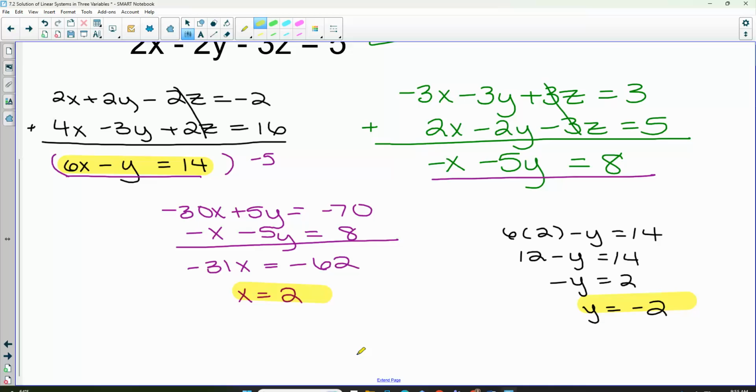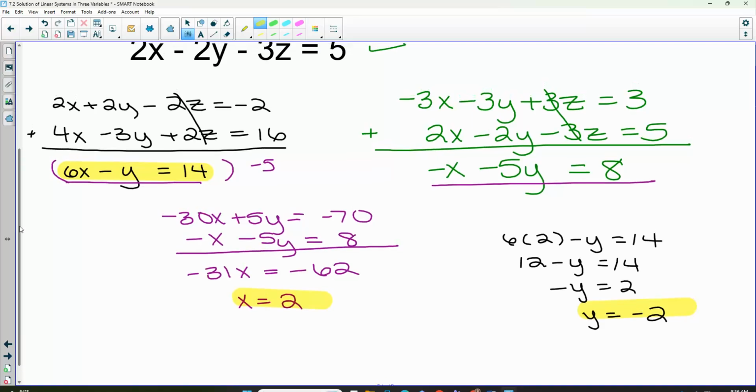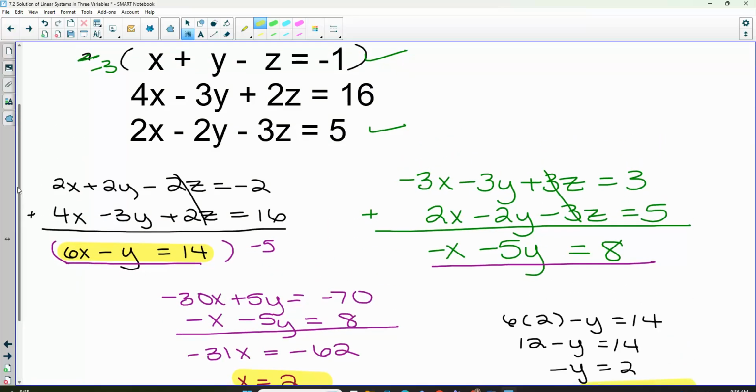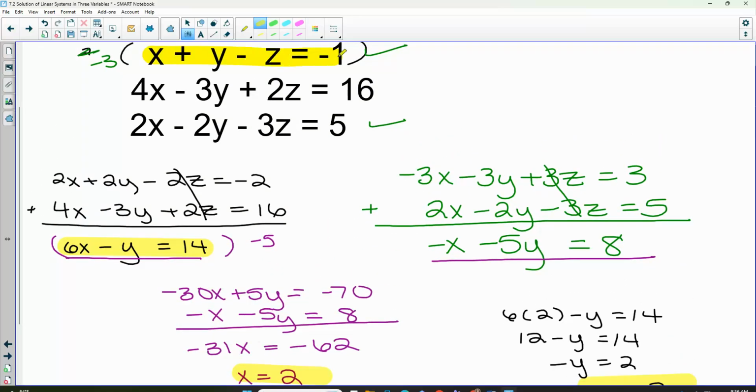If I want to get z, where do I have to plug that in? One of the top ones. Doesn't matter which one, so if I just went with the first one. X was 2, y is -2. So then z is 1.